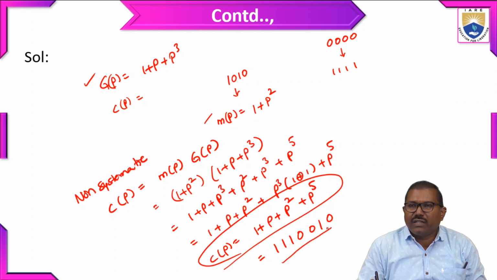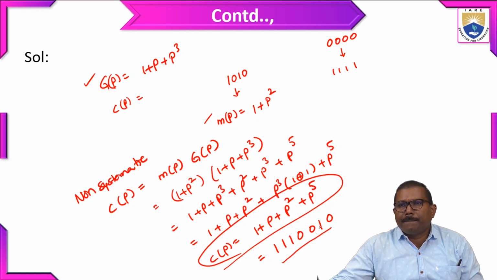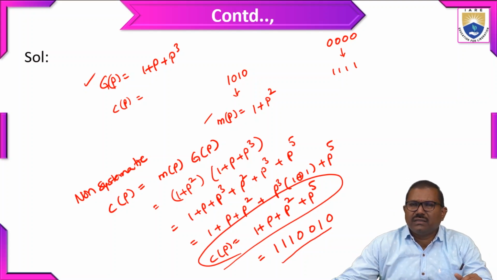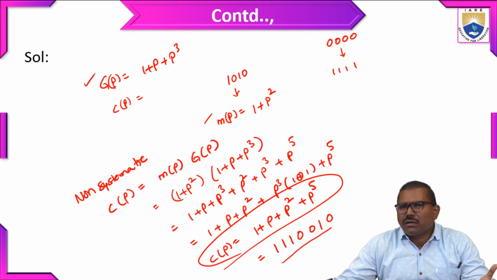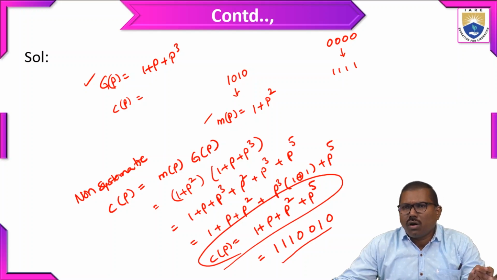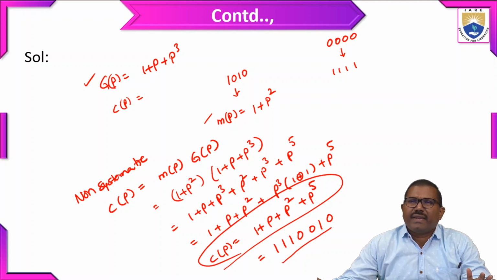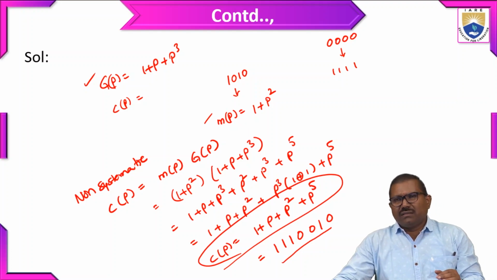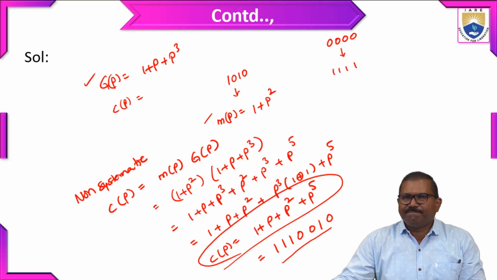So this is my code vector in terms of block code. Both are equal, but what is the difference? In block code, the message, the generator, and the code are all shown in blocks, that is, matrix form, whereas in cyclic code, all are in polynomial form, like 1 plus p or 1 plus x, x square, in that form.